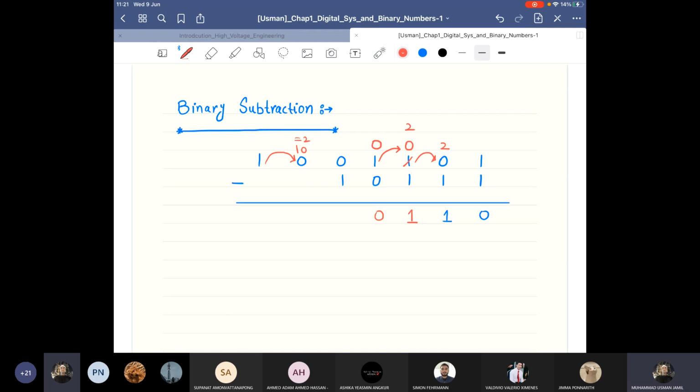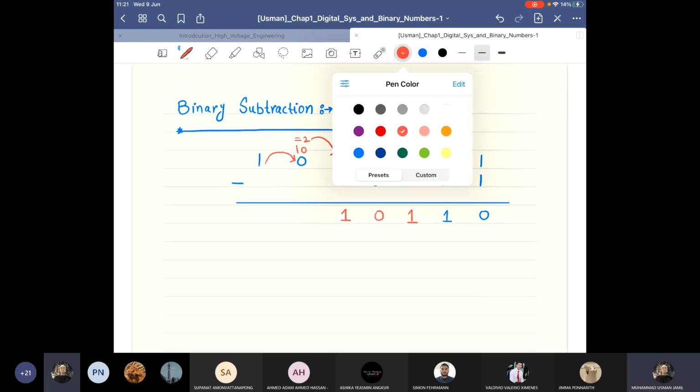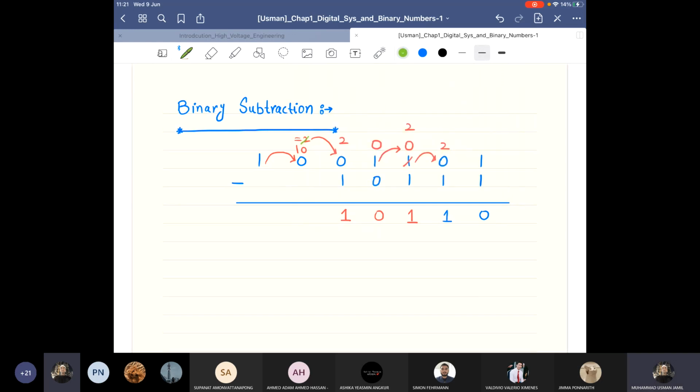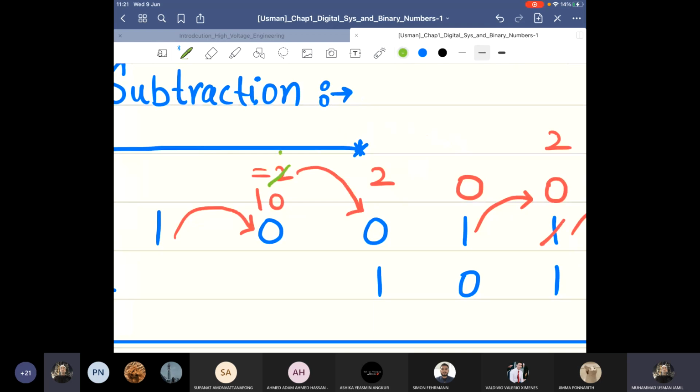But we want the carry here, so this 1 will move here. So now for this one, 1 will move here, so this is now 1 0, which is 2. So 2 minus 1 is 1. And then because 1 moved there, this 2 is now 1.